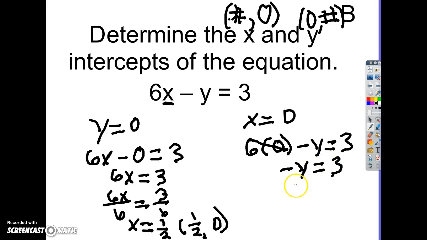We have to have a positive y, just like on our calculator, so we're going to change the sign of the y, which means we also change the sign of the 3. So our point is 0 for the x value, and we solved and got negative 3 for the y value. Those 2 points can be plotted on a graph and connected.